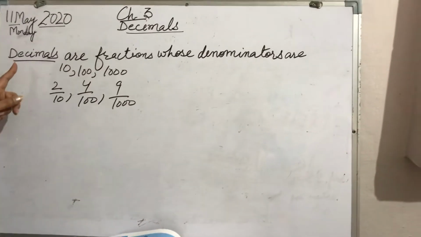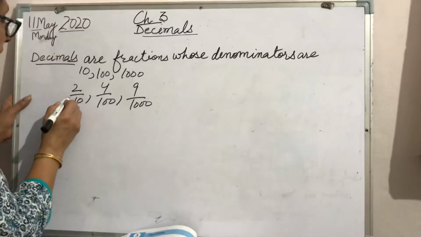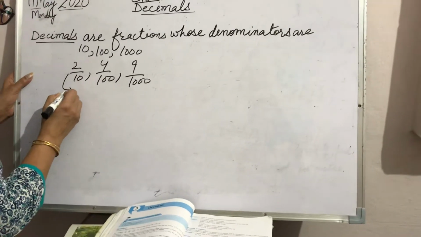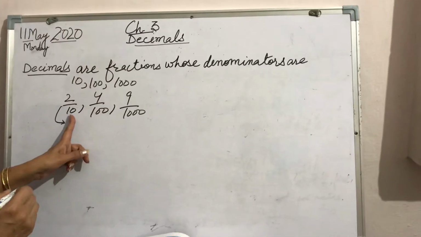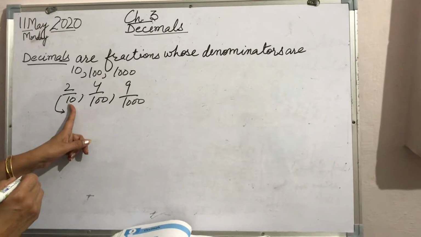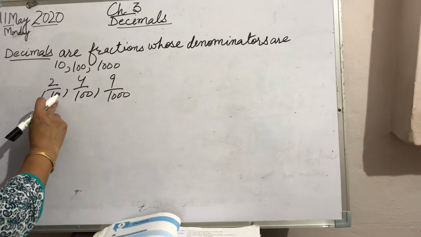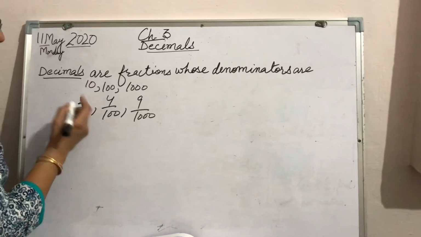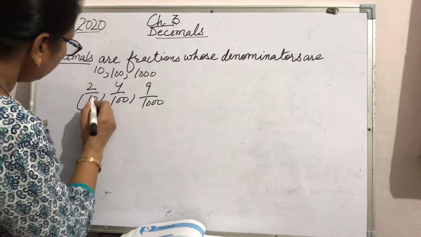They are decimal fractions. If we have to convert a fraction into a decimal, first of all, check how many zeros are there in the denominator. If a single zero is there, we have to use a single digit in the decimal place.